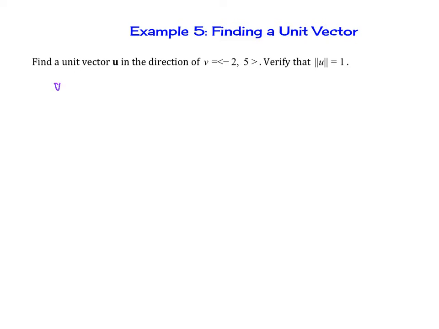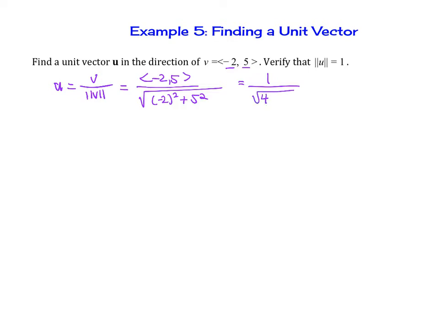So what we do is we're going to take u equals a vector over the magnitude of that vector. So the vector is negative 2, 5 over the magnitude. And remember, the magnitude is just this and this squared. You add them together. So negative 2 squared plus 5 squared. So we rewrite it as 1 over the square root of 4 plus 25 times negative 2, 5.